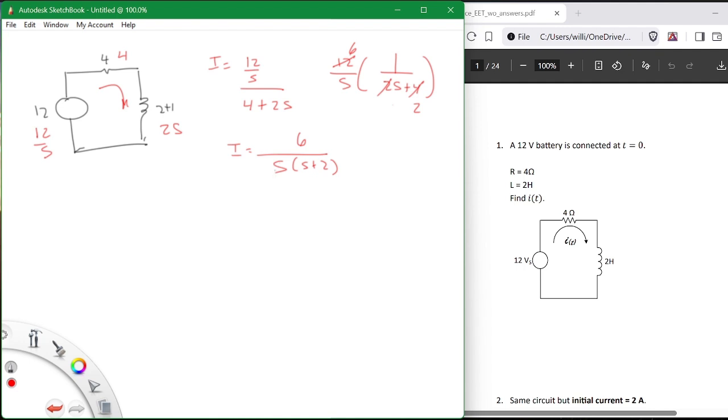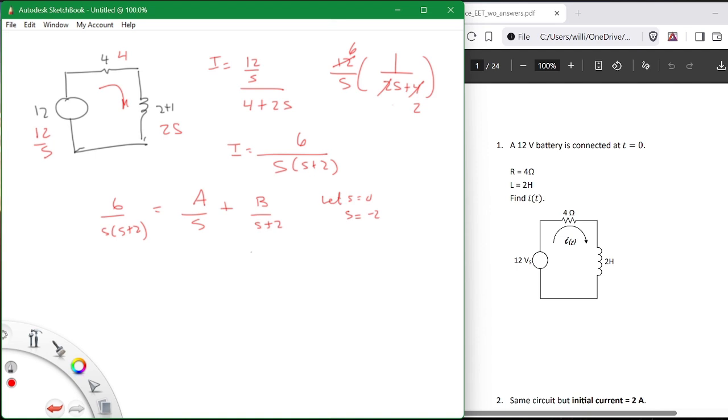So now, what do you do here? We do separation of variables, right? It's equal to A over S plus B over S plus 2. So 6 over S times S plus 2 equals that. So how do you play the game? Let S equal 0, let S equal minus 2.